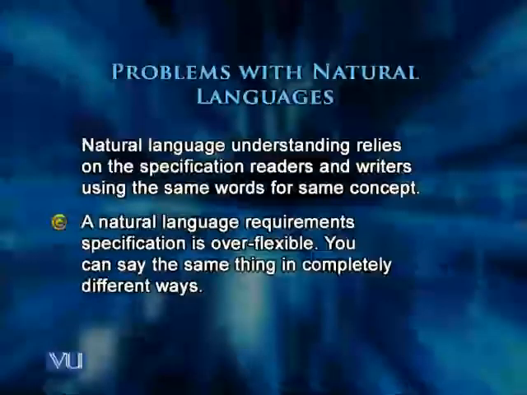And so there is a possibility of misinterpretation. A natural language requirement specification is overly flexible. You can say the same thing in completely different ways. And if you say one thing in one way in one place, and you say the same thing in another way in a different part of the same document, then that can be a problem.